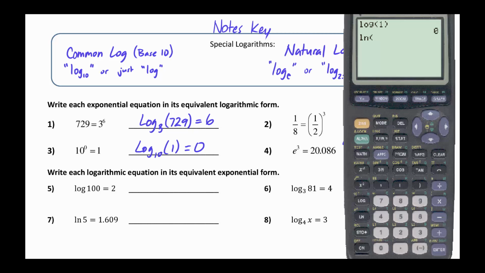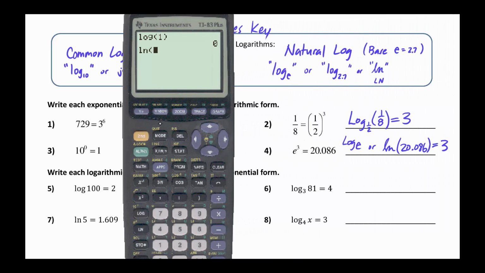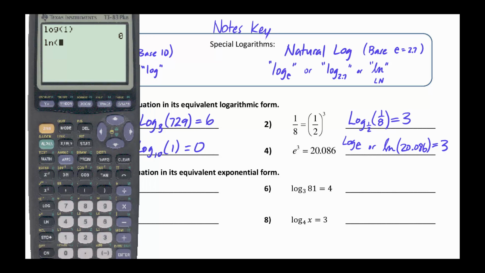Again, we could double check this. Go ahead and put my calculator over there. So I could have the natural log of 20.086, press enter, and I get basically 3.0000023000055. And that's just because of rounding. This 20.086 is not the perfect number. It would go on forever, kind of like e does. It's irrational.